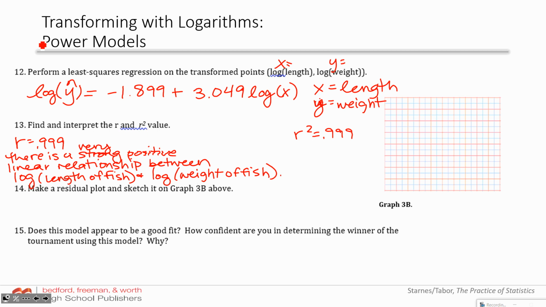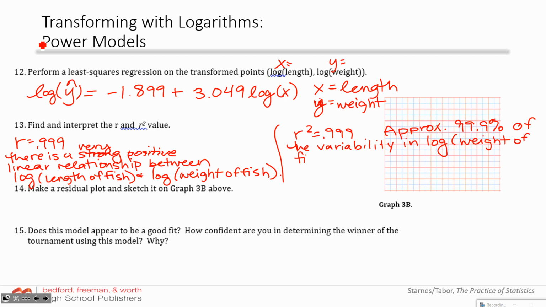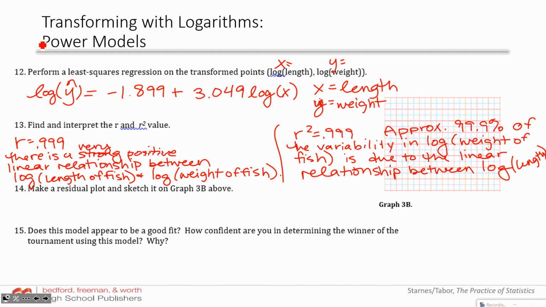So this is going to say approximately 99.9% of the variability in the log of the weight of the fish is due to the linear relationship between the log of the length and the log of the weight of fish.